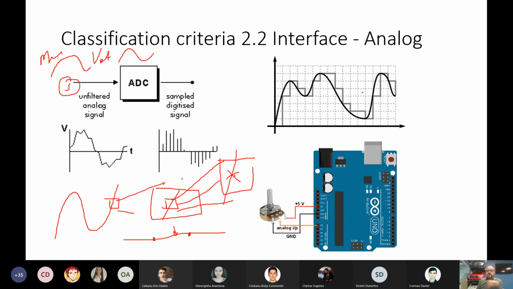In order to have it inside of the microcontroller, we will need an additional converter, the analog to digital converter, that will convert it to a discrete value. Discrete means we have values apart. So let's say we have a continuous signal, and in the points when we are converting it, we can have a discrete signal. That means we have points apart.